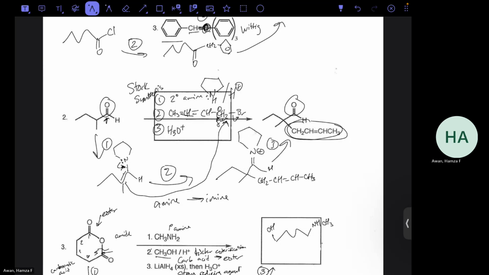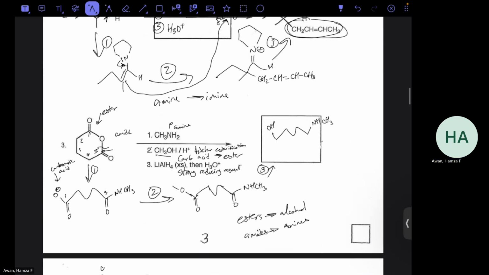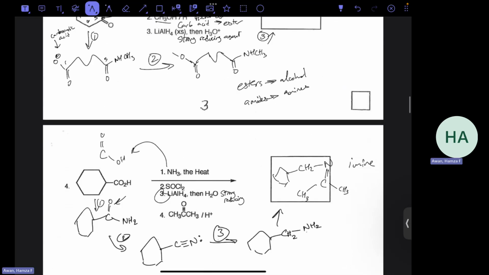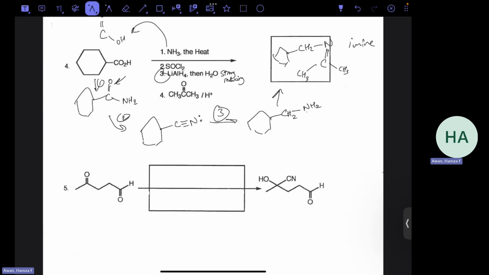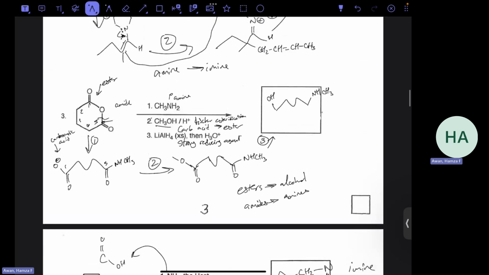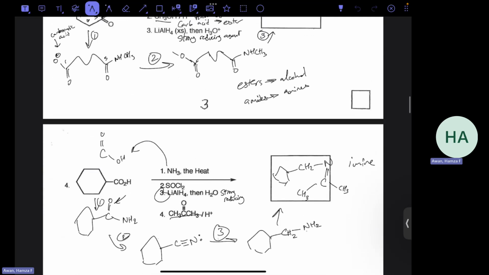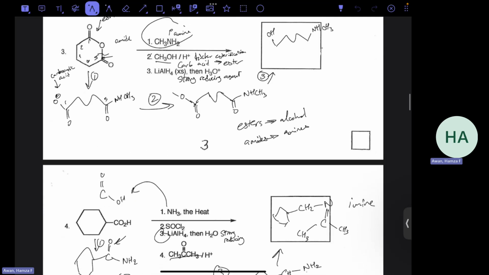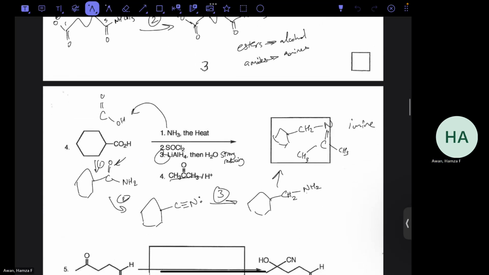Yeah, it's going to be with H3O plus. So this isn't Stork synthesis. This last final one is the primary amine with the, what's it with, the carboxylic acid, right? Or the ester. It was essentially the same thing.